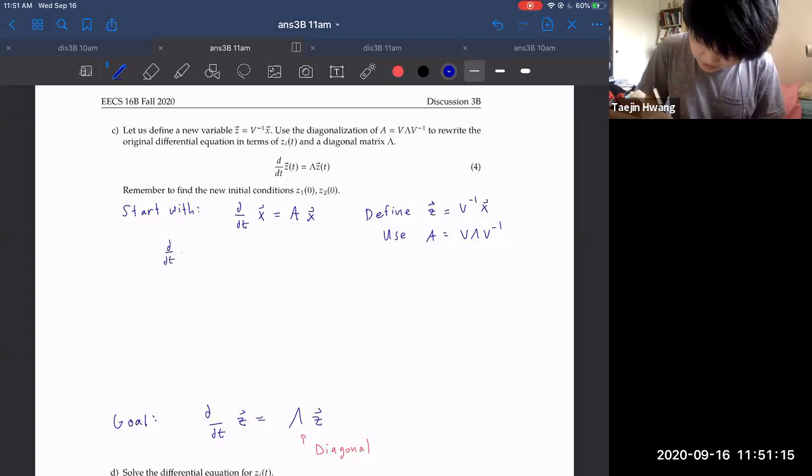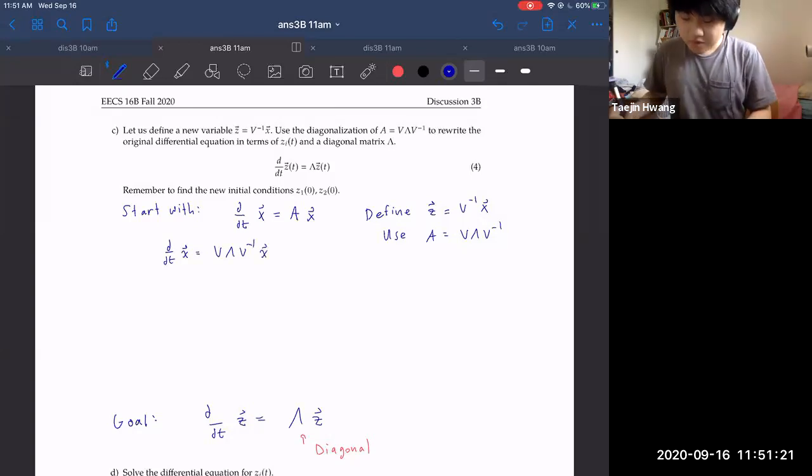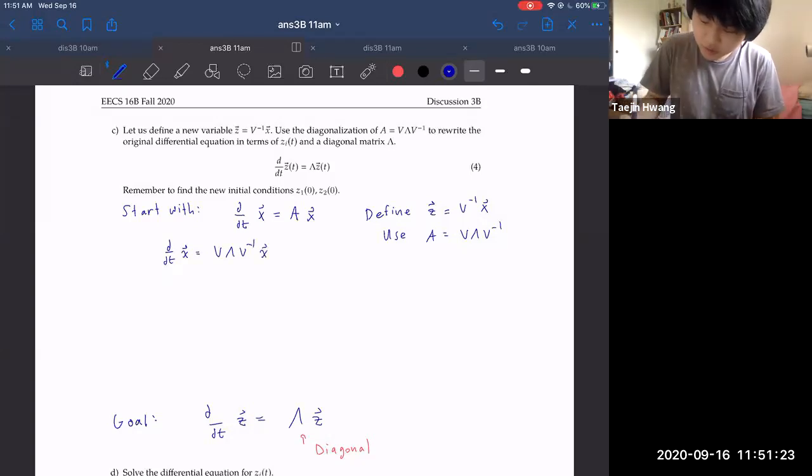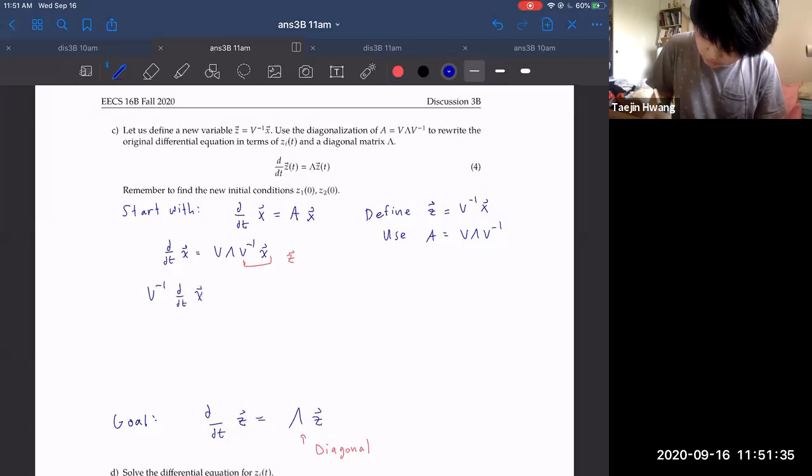So I plug in v lambda v inverse. And then we can realize that v inverse x is equal to z. And if we left multiply by v inverse, then we get lambda times v inverse x.